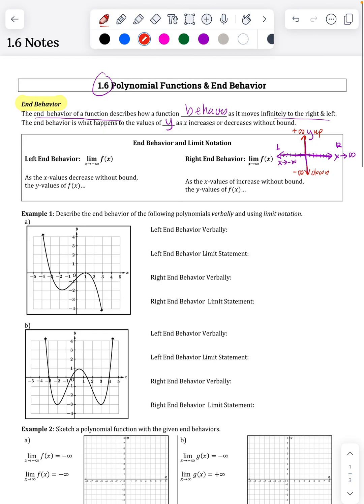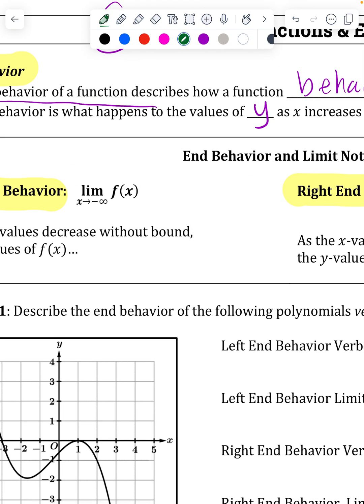So one of the things you have to learn is this new notation for saying left and right, which ties into that diagram that I just drew. This would be read as the limit, meaning what it's going towards, of the function as x goes to negative infinity, and that would essentially mean the left end.